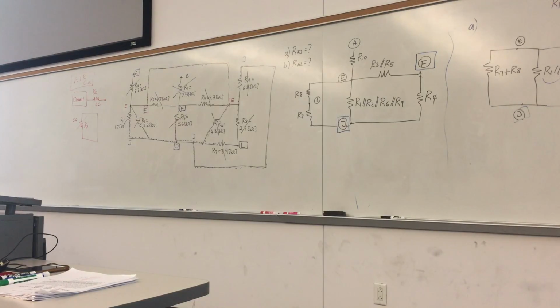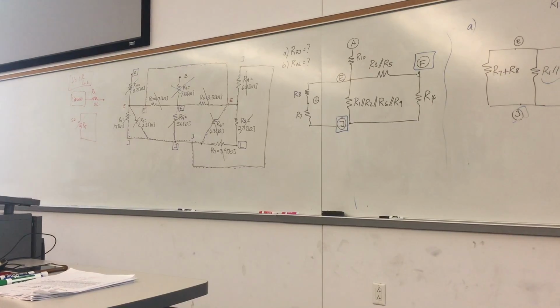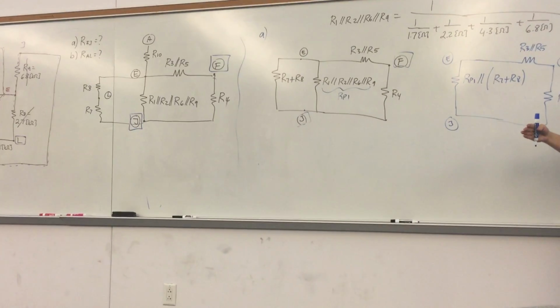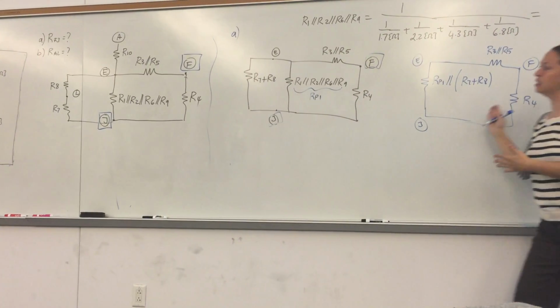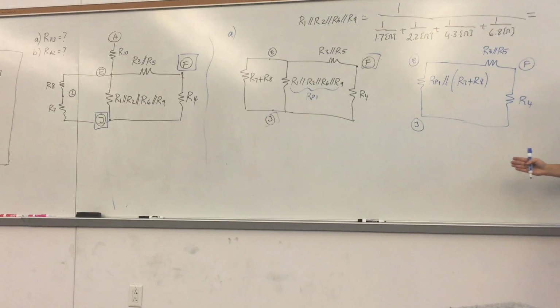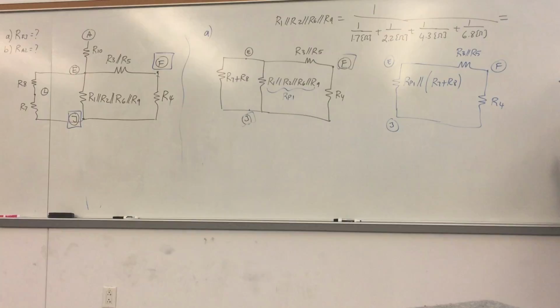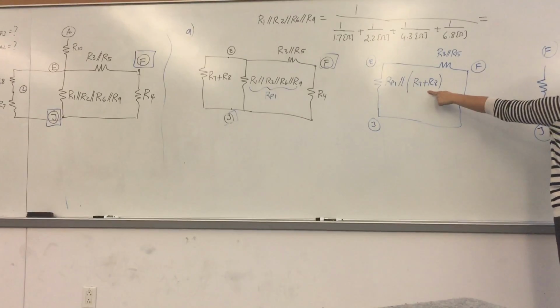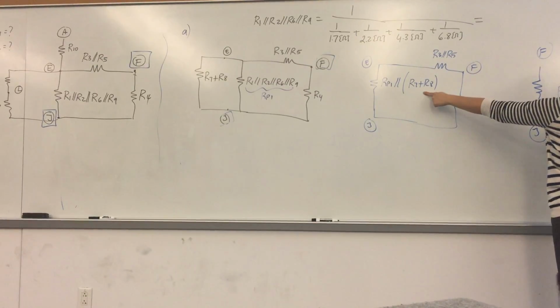So I'm going to do that all in one step. So if you are comfortable, you can actually combine a couple of steps in one redrawing. You have to redraw in any case, at least 2-3 times, okay? But if you want to do this and that in one step or not, that depends on you. I would suggest try to do it many drawings first, and then eventually along the way, you're going to have less number of redrawings, okay? So F to J, so what I have now is, I have RP1 in parallel with R7 plus R8.